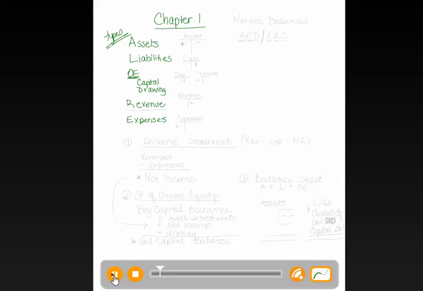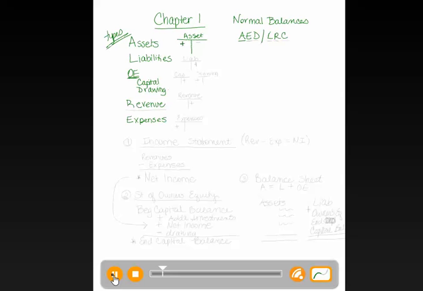Now, the way we remember normal balances is an acronym, all elephants drive little red convertibles. Okay, and the A stands for assets, and that means if you do a T account for an asset, then it's going to have a normal debit balance.